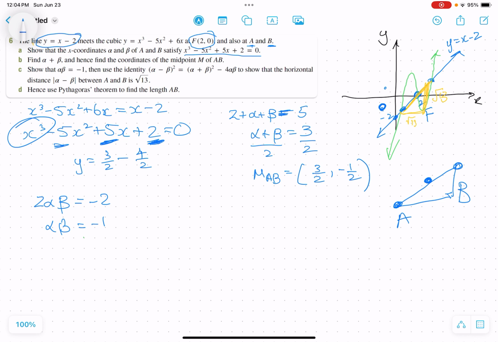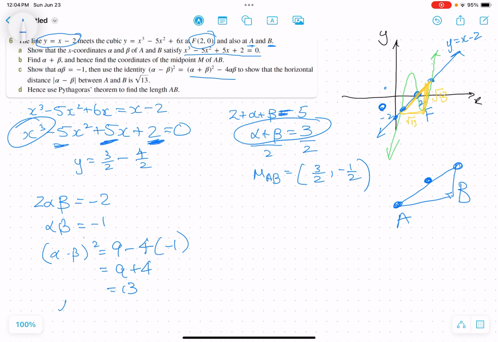All right, so we found alpha beta equals negative 1, and then we're going to use the fact that alpha minus beta squared is alpha plus beta all squared minus 4 alpha beta, and we know alpha plus beta is 3. So we've got 3 squared minus 4 lots of alpha beta, which we just found. So we've actually got 9 plus 4, which is 13.